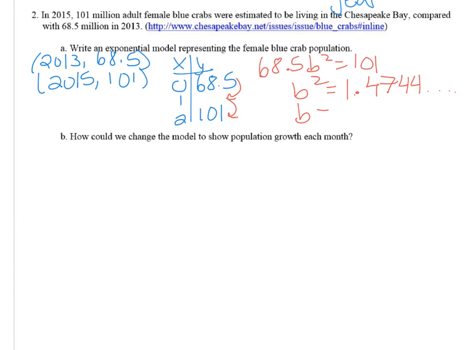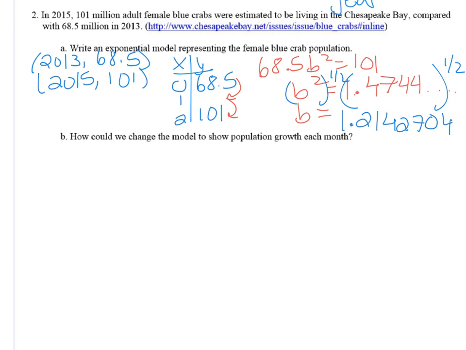So now when you solve for b, you either square root both sides, or if we think about our last unit with the rational exponents, I can raise both sides to the 1/2 power. So in your calculator, make sure you take that entire decimal to the 1/2 power or the square root to get b is 1.214274.